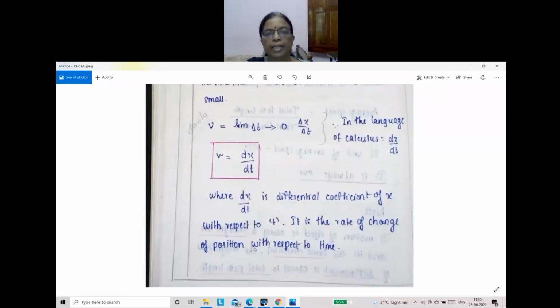It is the rate of change of position with respect to time. d by dt means differential coefficient. We read this as the differential coefficient of x with respect to time, or the first derivative of position with respect to time. In the language of calculus, instantaneous velocity is dx by dt.